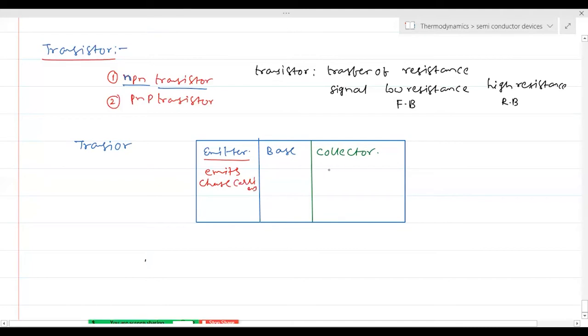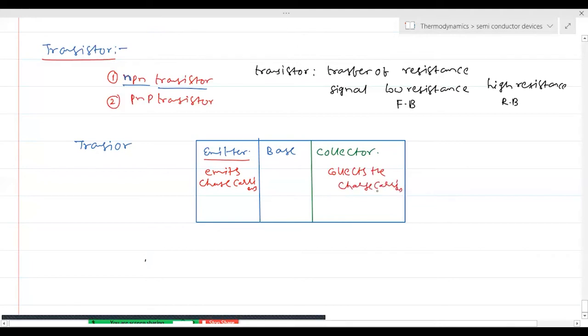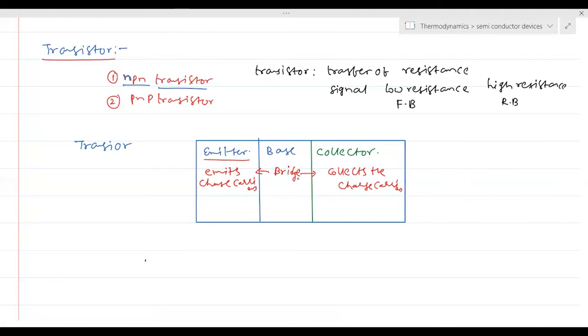The collector collects the charge carriers. And the base acts as a bridge between the emitter and the collector, so it transfers the charge carriers from the emitter to the collector.